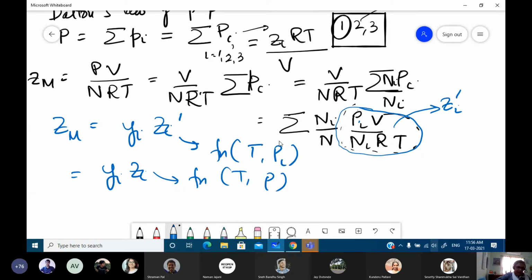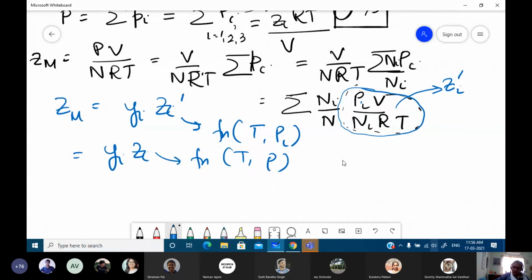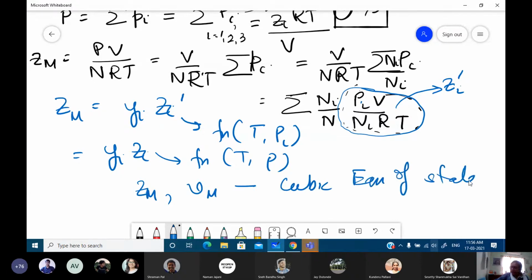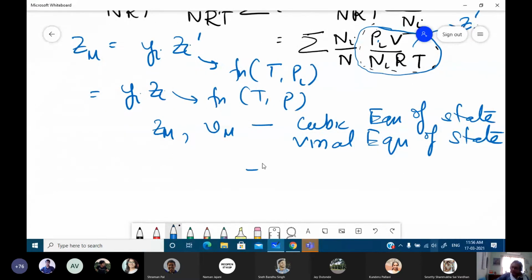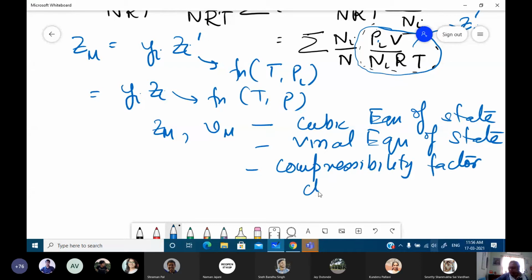Now, apart from that, there are other ways by which you can find Zm. Those things we have already discussed. We can find Zm and also Vm from the cubic equation of state, from the virial equation of state, or else from the compressibility factor chart.